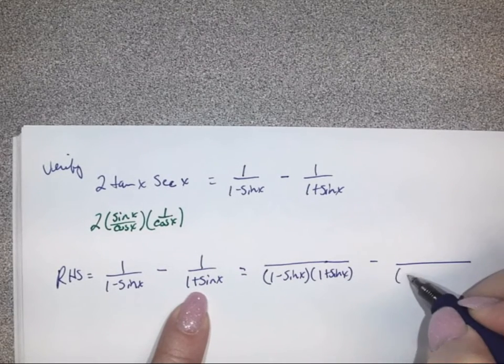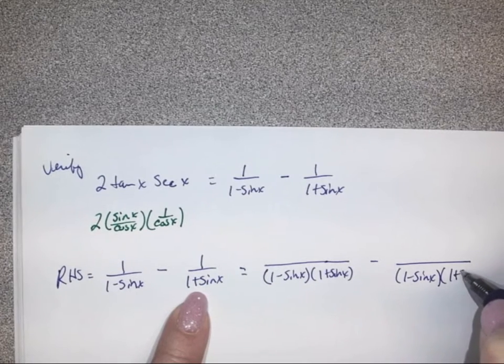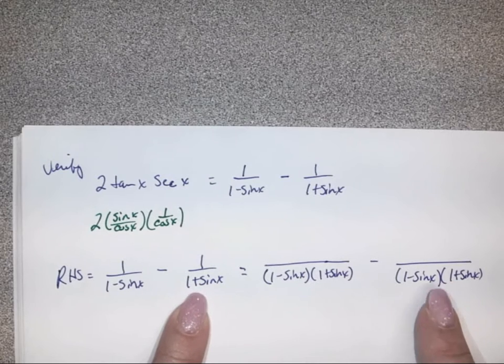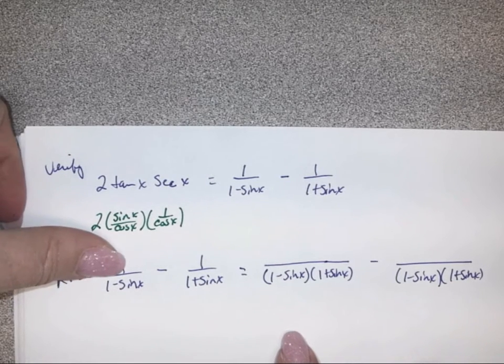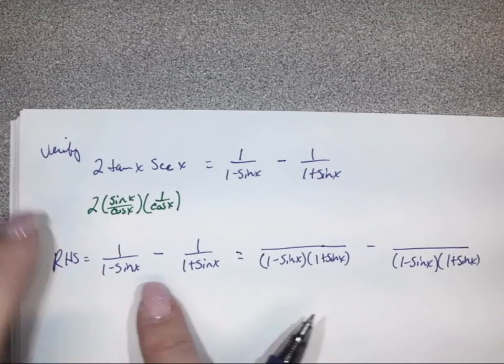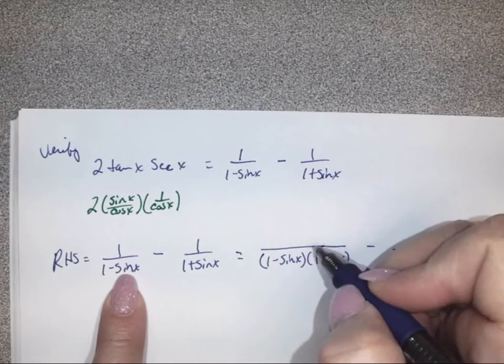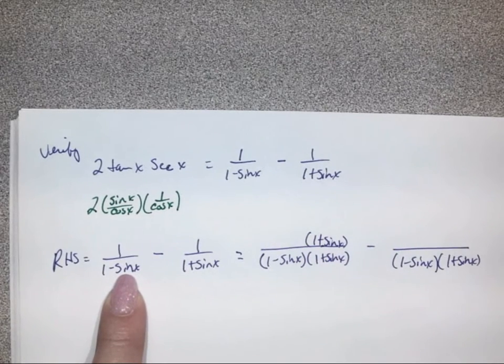So that's going to be our common denominator. So on this one, multiplying by 1 doesn't change anything. So that I had this denominator, I multiplied by 1 plus sine x. You can put the 1 up there, but it won't change anything because it's just being multiplied by 1.